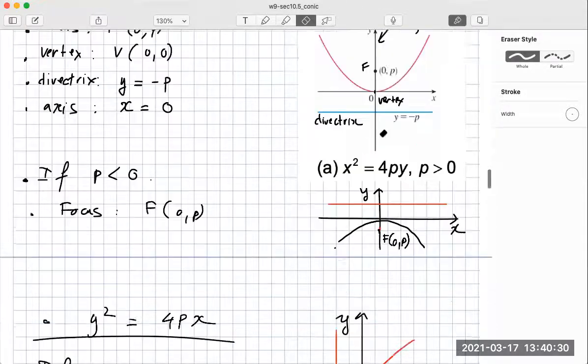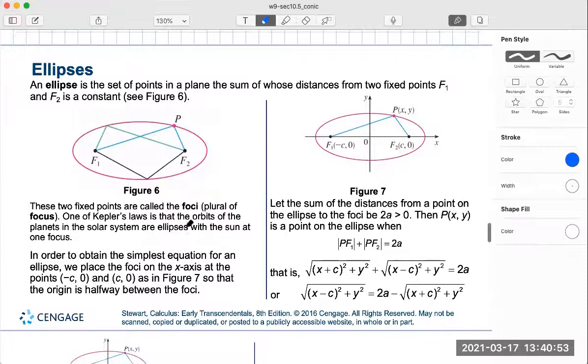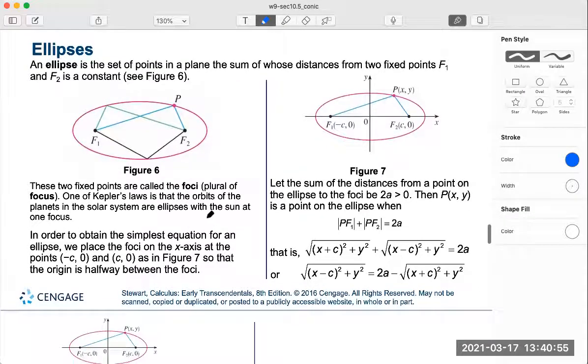Then we move to another concept, the ellipse. An ellipse is a collection of points where the sum of the distances from a point P to the two points F1 and F2 is a constant, and we call it 2a, where a is a positive number, right?